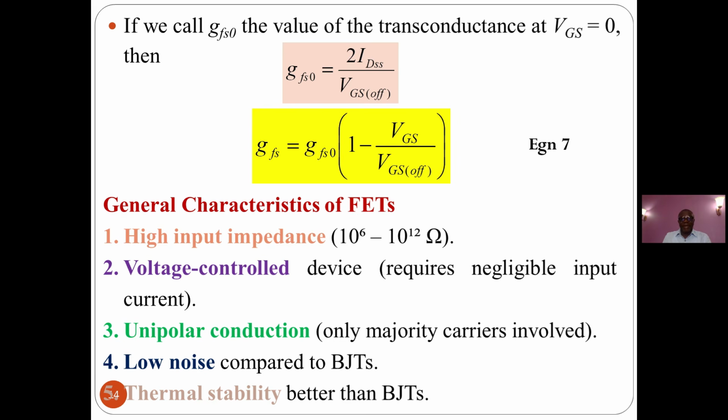We made it clear that they are different from the BJTs because they are voltage-controlled devices, and we have seen that the gate source voltage affects the current that flows between the source and the drain. And we made it clear also that they are electrically isolated, thereby the polarity of the voltage does not really matter.